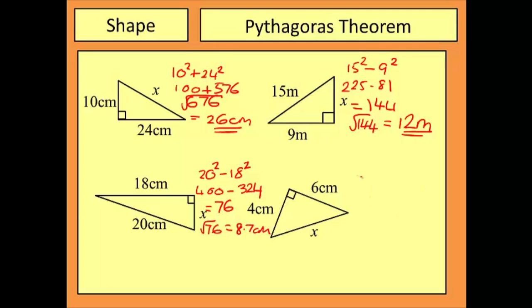In this example, we are actually finding the longest side again. Remember that the right angle points towards the hypotenuse, so we're doing 6 squared plus 4 squared, which is 36 plus 16, which equals 52. The square root of 52 equals 7.2 centimetres.